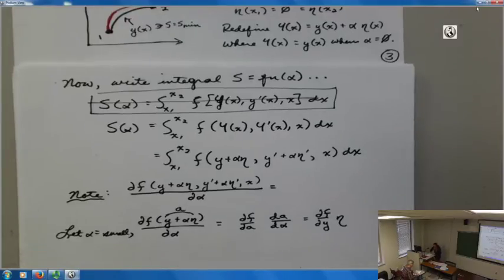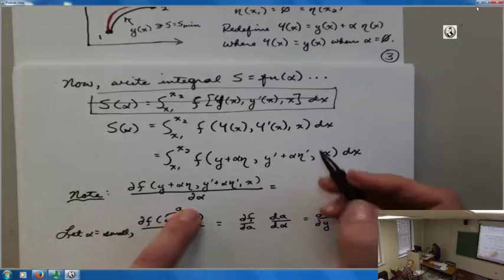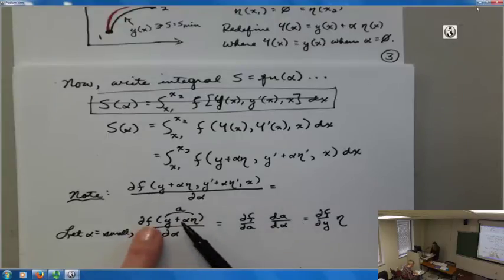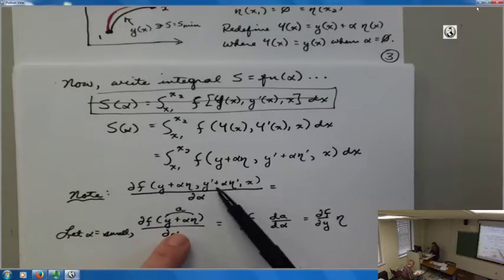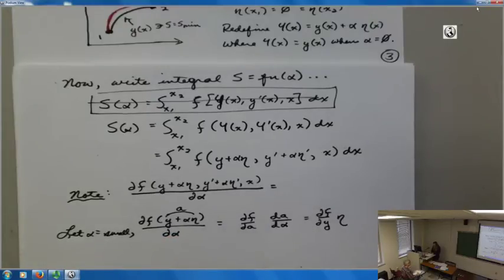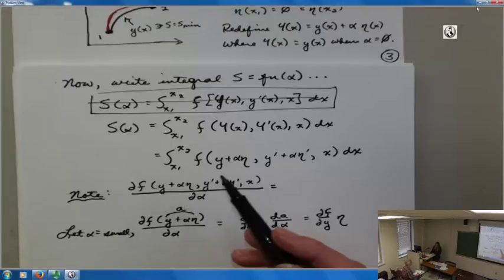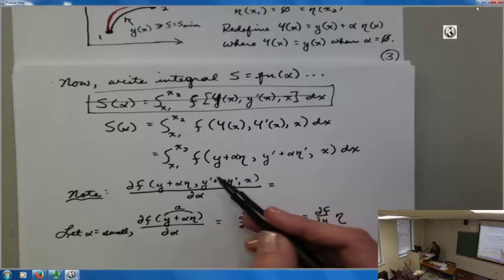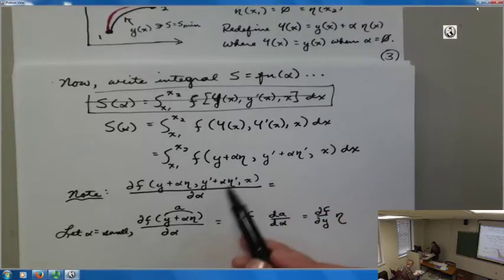Okay. So in that case, for this derivative, I'm going to have three terms to think about. I'm going to have df d alpha, where I'm exploring this dependence on alpha, and another term where I'm exploring that variable's dependence on alpha, and then another one where I'm exploring that dependence on alpha. So I'd have df dA dA d alpha plus df dB dB d alpha, where B is this object, plus df dx dx d alpha, where x doesn't depend on alpha, so that third term will be 0.